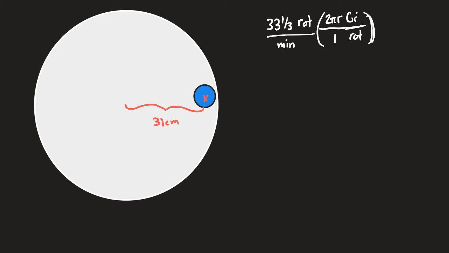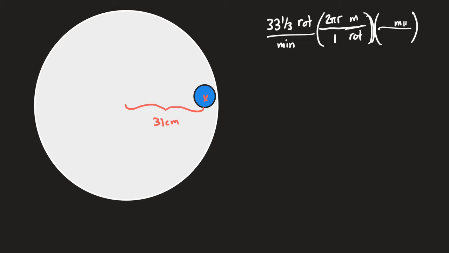This will be in, hopefully, meters. Now the rotations cancel out and I get meters per minute. That's probably not what I want. I want meters per second. So I'll probably have to do another unit multiplier. I always do conversions with unit multipliers. I feel like it's not the best way, but it's the most visual way. I want to cancel the minutes.